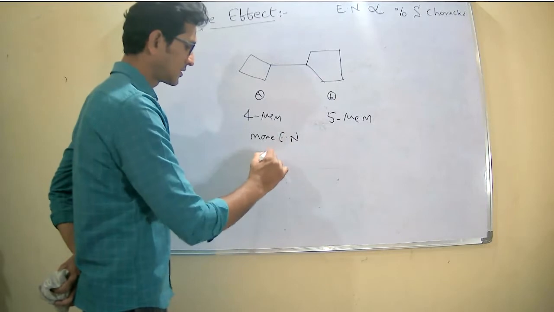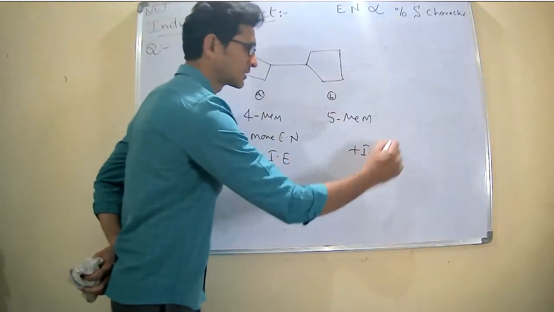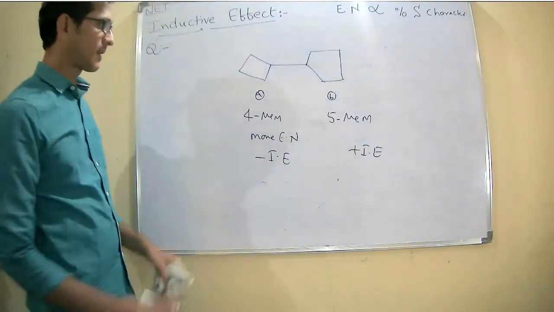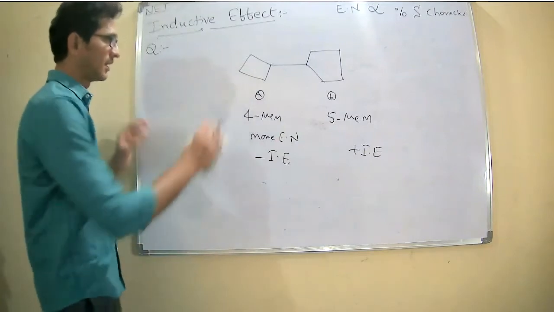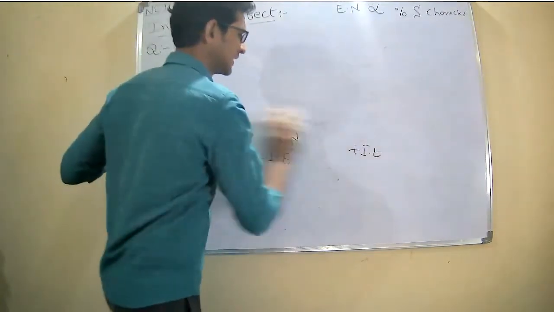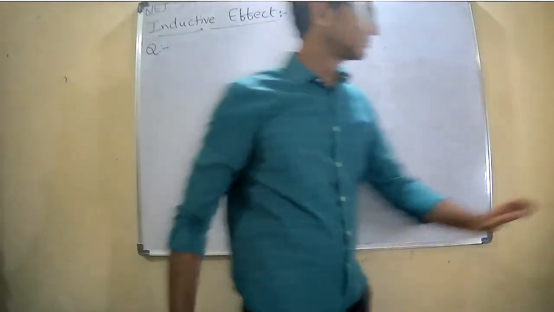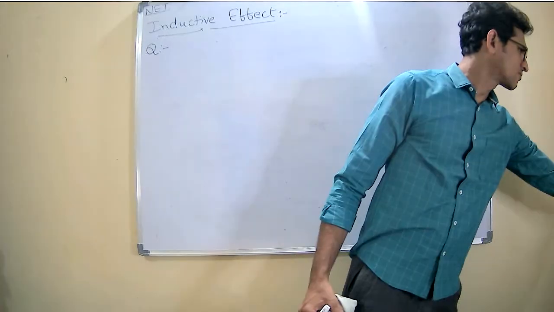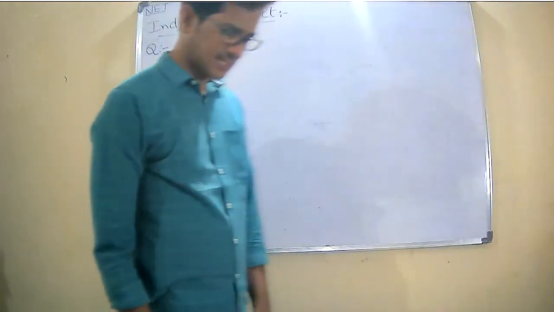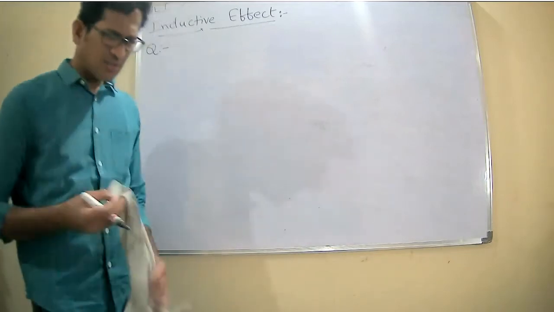More electronegative means minus inductive effect, and obviously the other is plus inductive effect. This is based on ring size. Next.